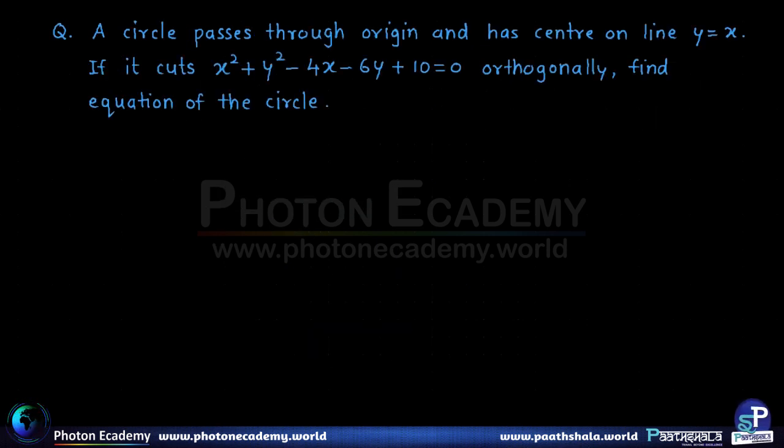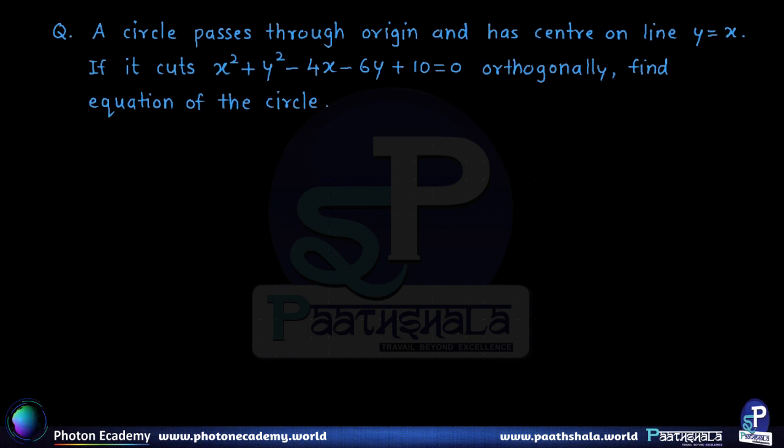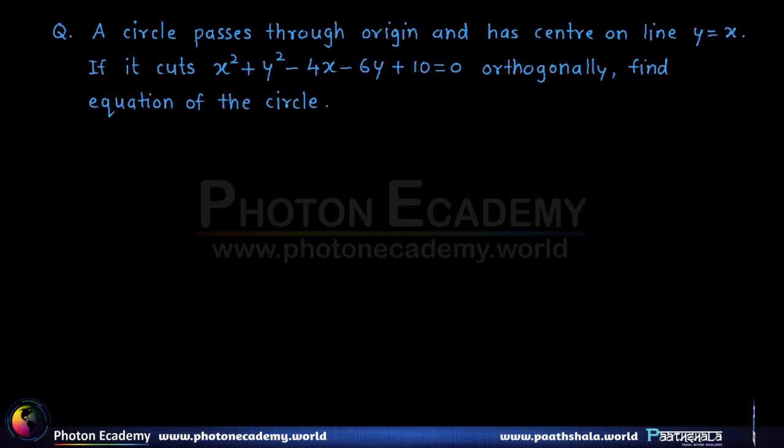A circle passes through origin and has the center on line y equal to x. If it cuts the circle x square plus y square minus 4x minus 6y plus 10 equal to 0 orthogonally, find the equation of the circle.